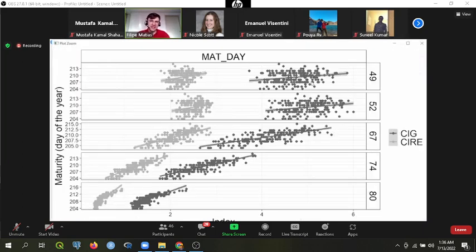As you can see, at this point, there is not much correlation or linear regression between the index that we are calculating and the days to maturity.